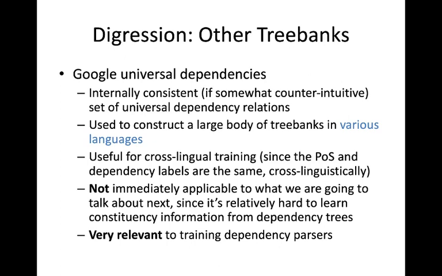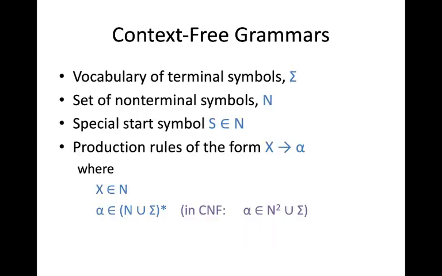They're not immediately applicable to what we're going to talk about next because they're dependency tree banks, and it's really hard to get constituency information out of a dependency tree bank. But they're very relevant if you're thinking about training dependency parsers. We're just going to talk about context-free things, though, phrase-structured grammars.